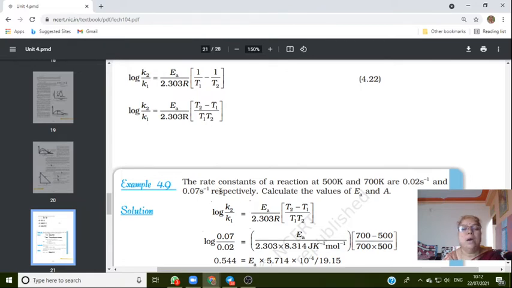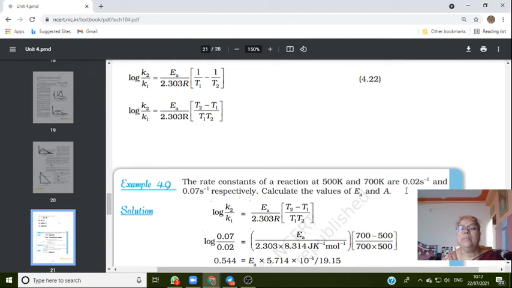Example: the rate constants of a reaction at 500 Kelvin and 700 Kelvin are 0.02 second inverse and 0.07 second inverse respectively.